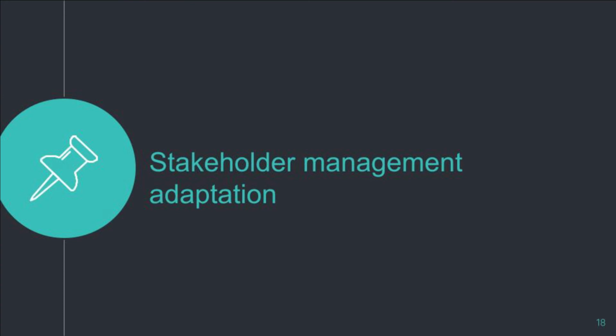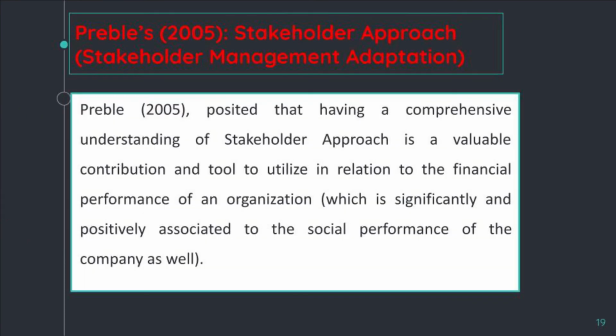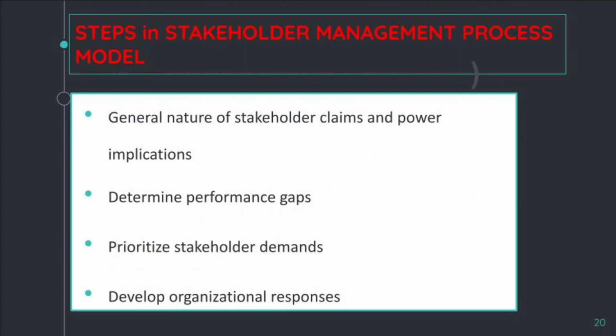And the last theory that I will cover is the stakeholder management adaptation. This is based on Preble's stakeholder approach or stakeholder management approach. And here, a valuable contribution and tool to utilize in relation to the financial performance of an organization is by using this approach. This can be done by following the steps in the stakeholder management process, which involves these steps.